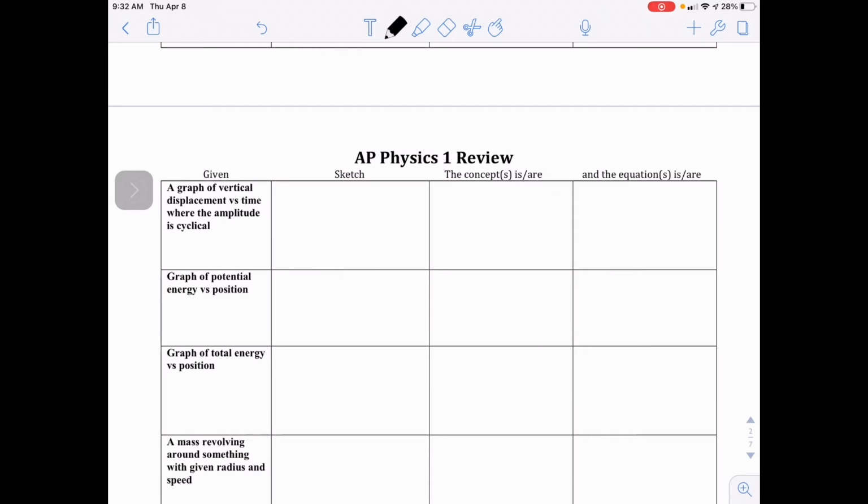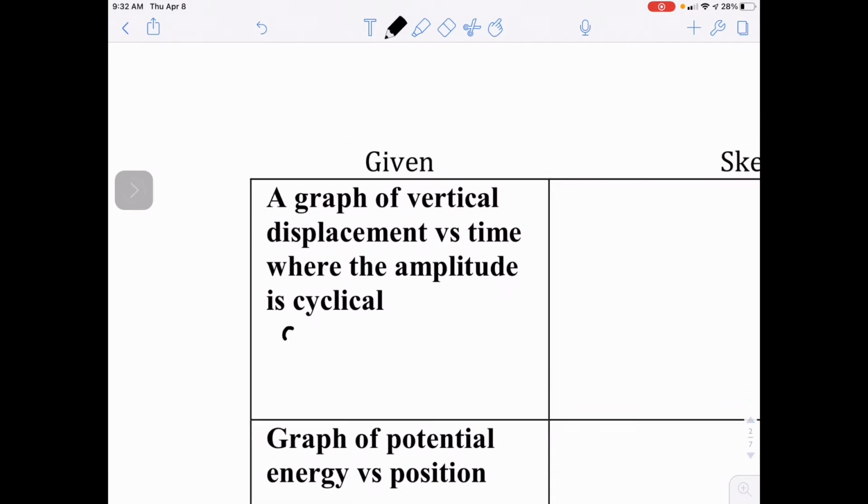So now, if the graph is a vertical displacement versus time where the object is released from the equilibrium, I'm going to make that little designation: object released from the equilibrium position.